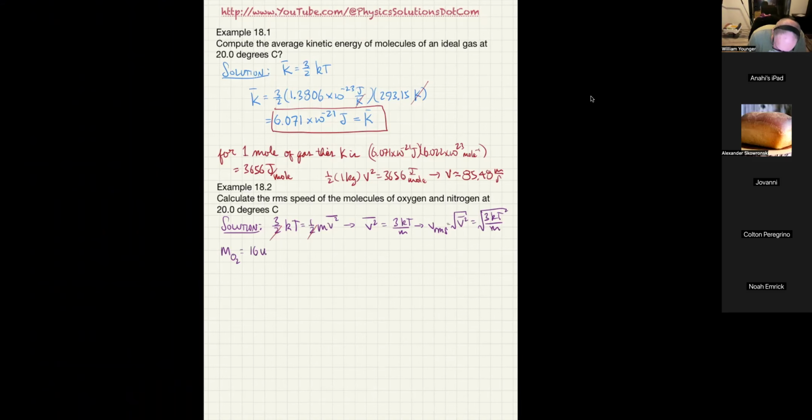So I'm going to say 16 unified atomic mass units times 1.6605 times 10 to the negative 27th kilograms per unified atomic mass unit, and that's going to give me an individual mass of 16 times 1.6605 times 10 to the negative 27. That gives me a mass of 2.6568 times 10 to the negative 28th.